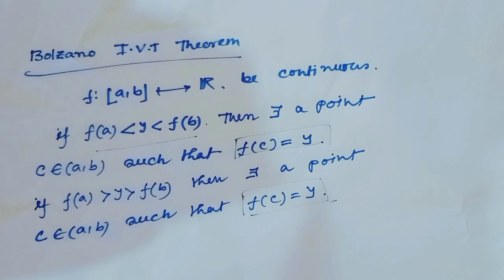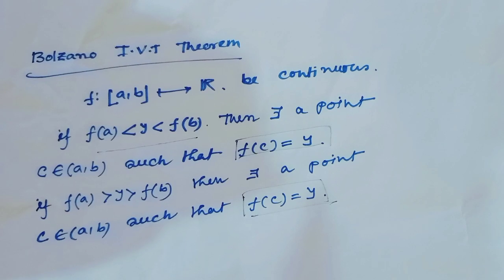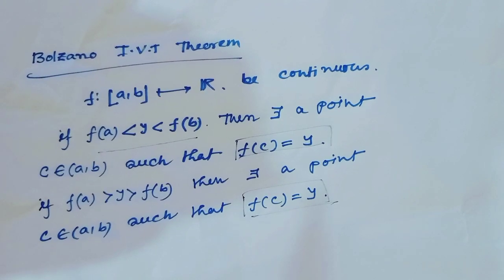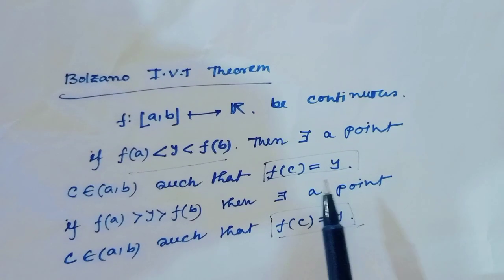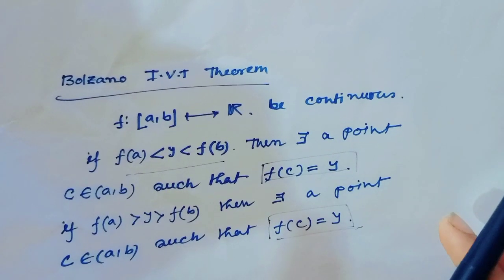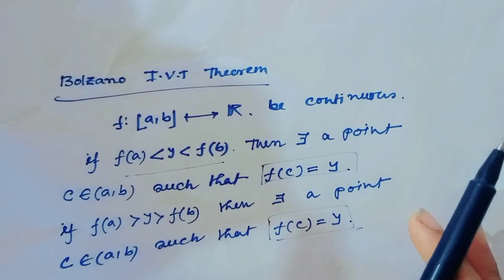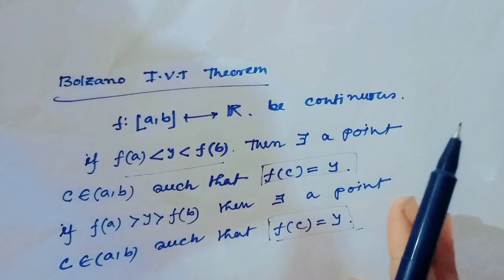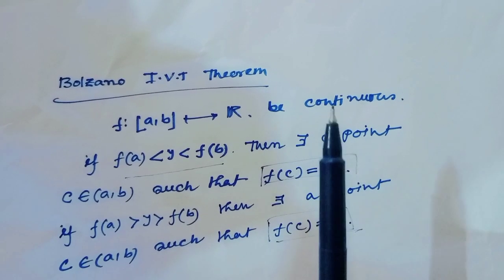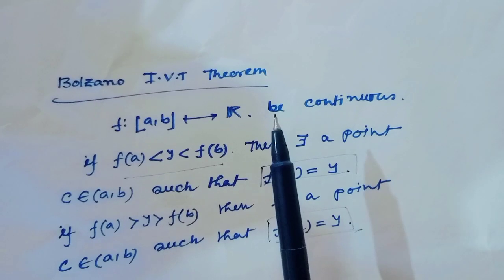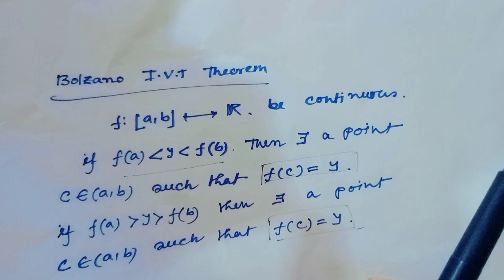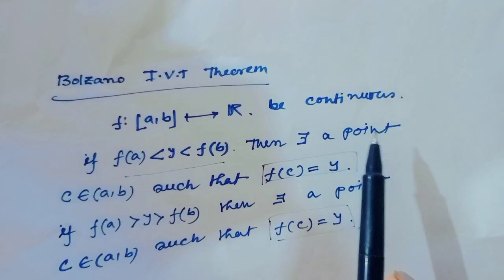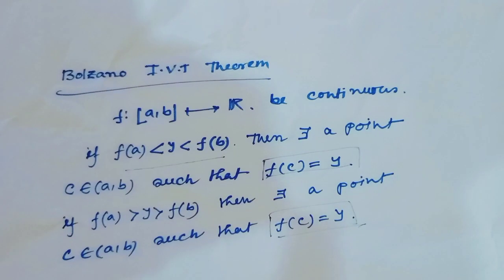That means if f(a) and f(b) are two values of the function, then for any intermediate value, I will always get a point in the domain with that value, because here the function is continuous.